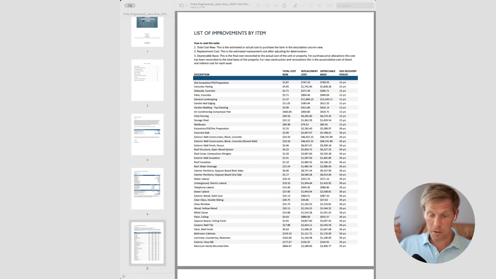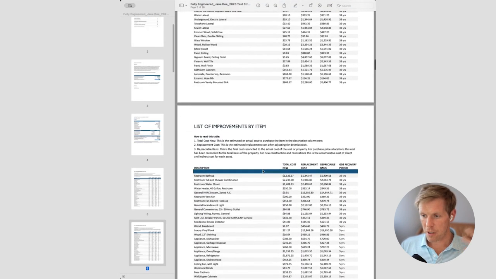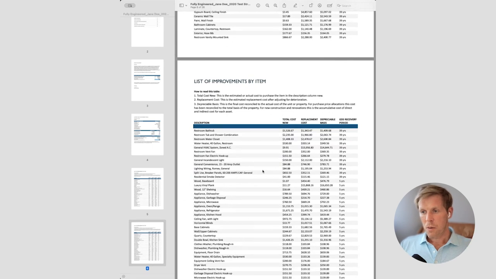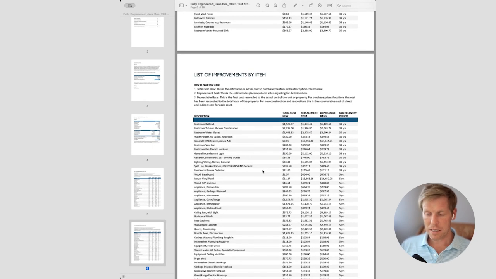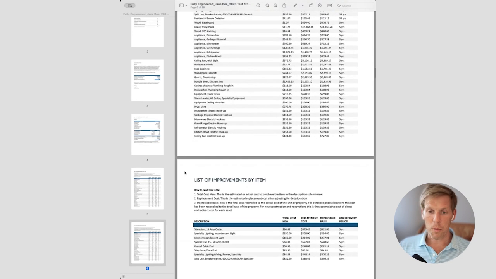If you're looking at small residential houses, we have 300-some-odd line items, and we have 92 in this report. Here are the improvements. What's the cost new? What's the replacement cost? What's the basis? We do this ground up. We add up all the components and see what it would cost to build new and what they're worth now that it's 40 years old.